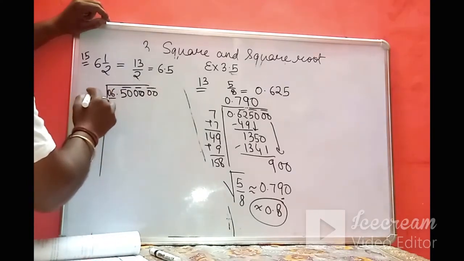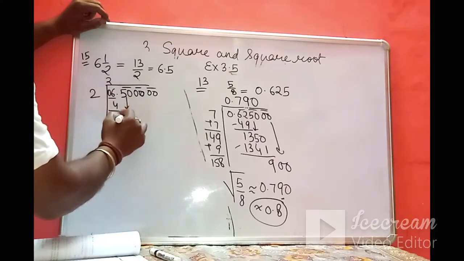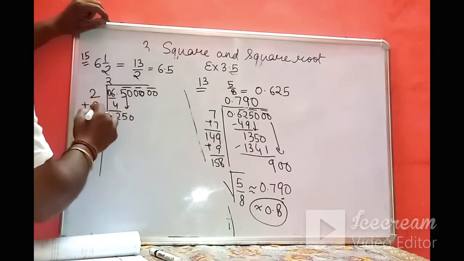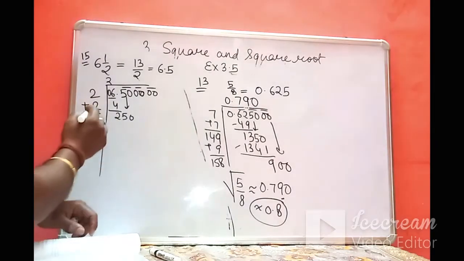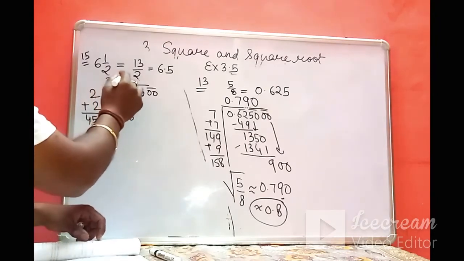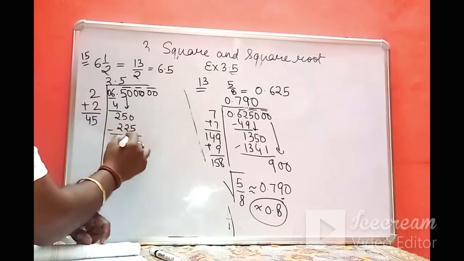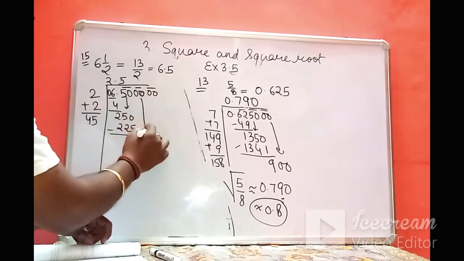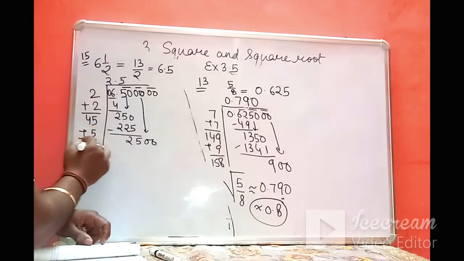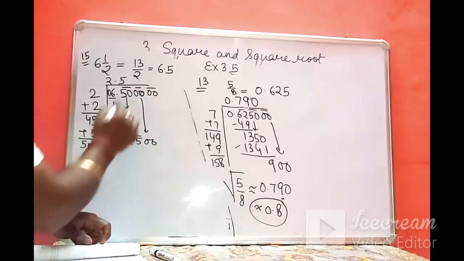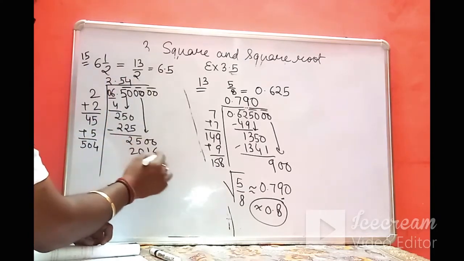The nearest square of 6 is 2. Then this group pair will come here. 2 into 2, 4. Then I will take 5 and put a decimal. So it is 225. Then one more pair will come down. That is 50. So I will take as 4. 4 into 4, 16. 4 into 5 is 20.